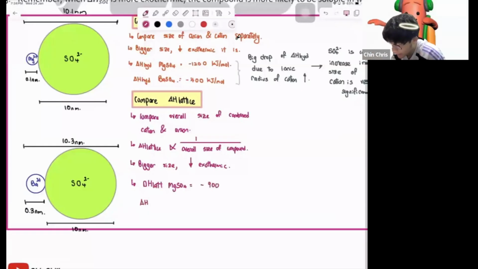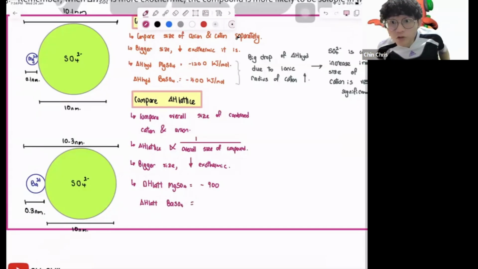Guys, can anyone tell me what happened to delta H lattice of BaSO4? Can anyone give me any value? Would it be a big drop or a small drop? The first question I'll be asking is whether it is a big drop or a small drop first. Please tell me.